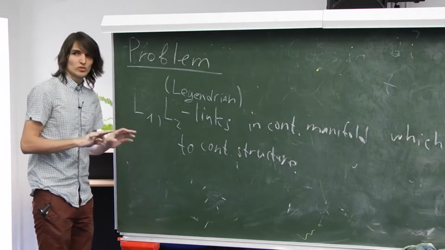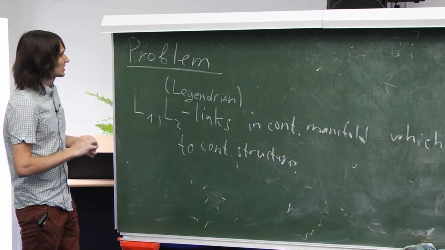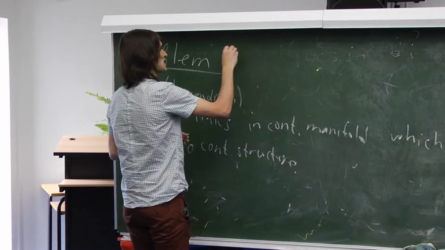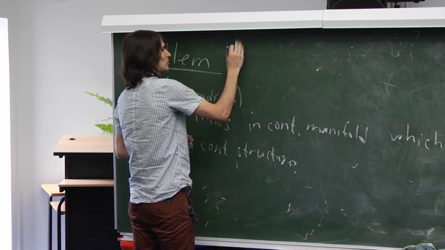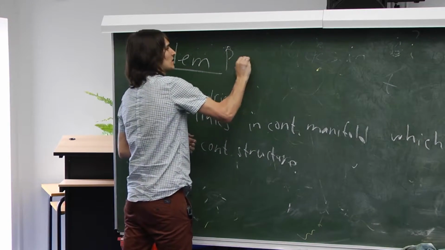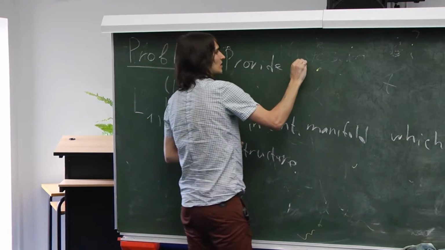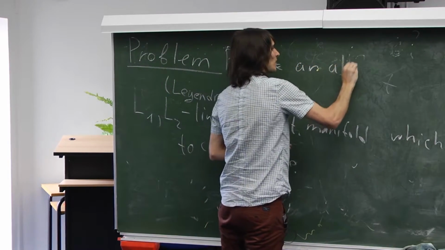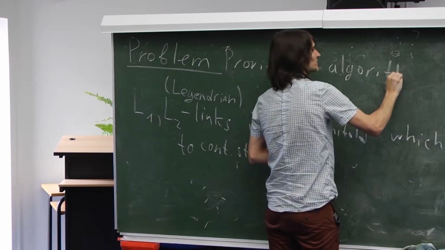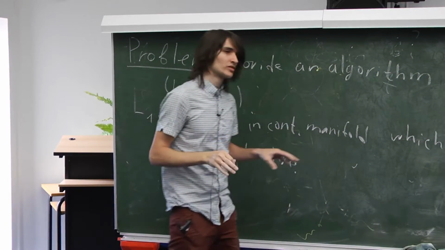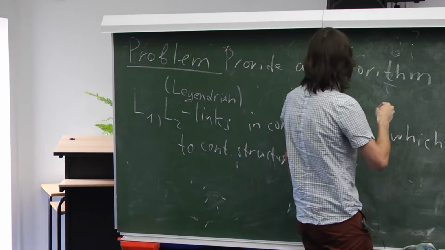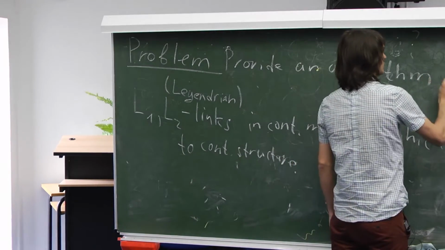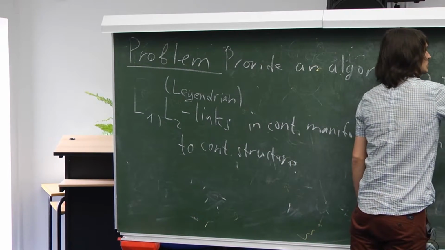Suppose you have two Legendrian links. The question is to provide an algorithm to distinguish these two Legendrian links.